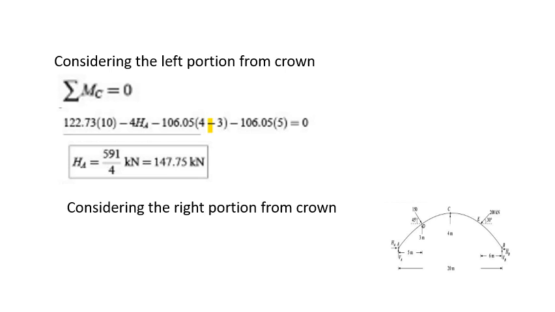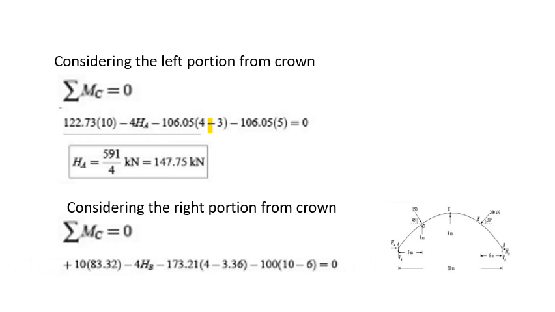Just to show how to find the moments, again apply the condition sigma MC is equal to 0. So the vertical reaction is 83.32 into 10 minus 4 into HB minus the horizontal component of 200 cos 30, that is 173.21, into again the height.